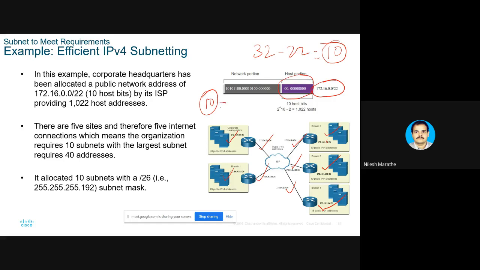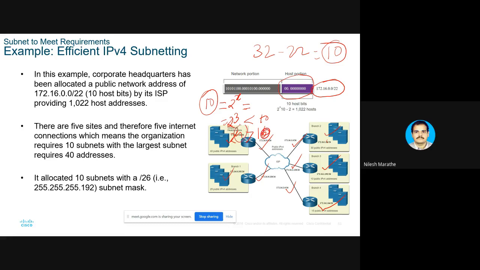What is the closest number that will be represented as 2 raised to x? 2 raised to 3 is 8, not sufficient, it is less than 10. 2 raised to 4 is sufficient for 10.